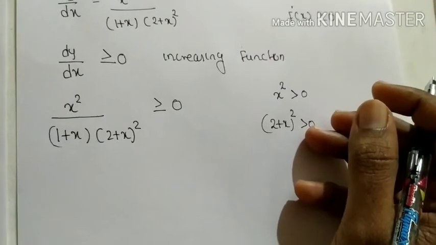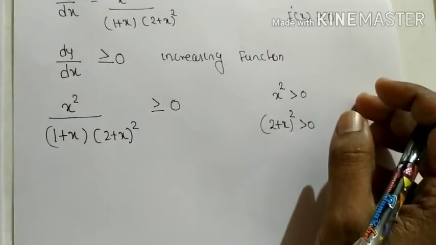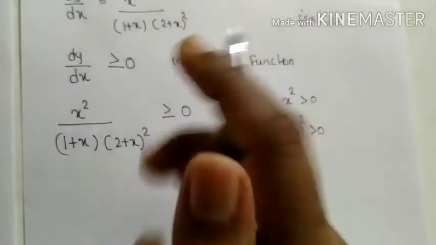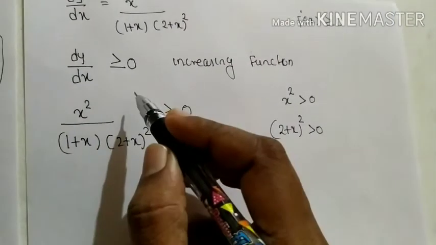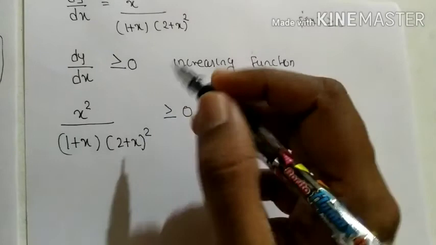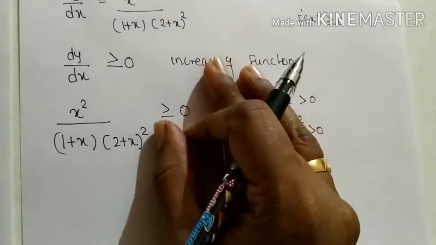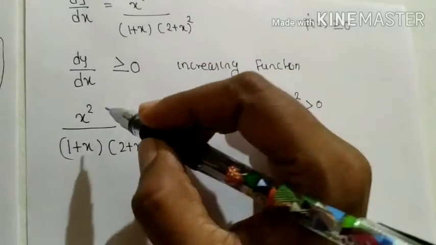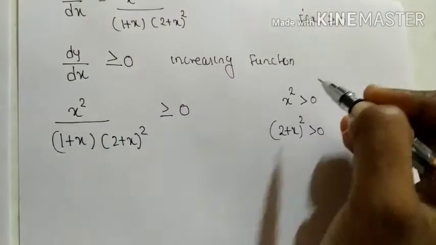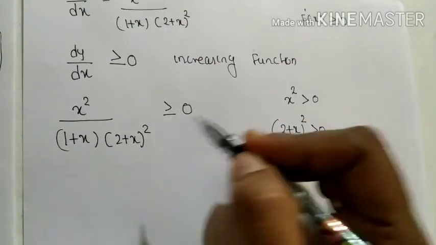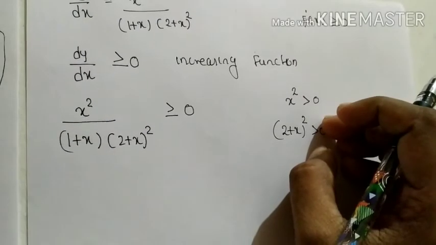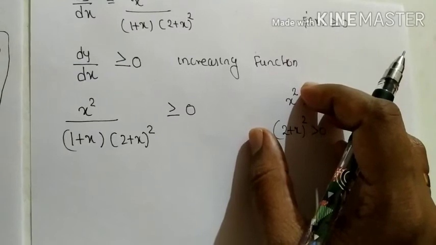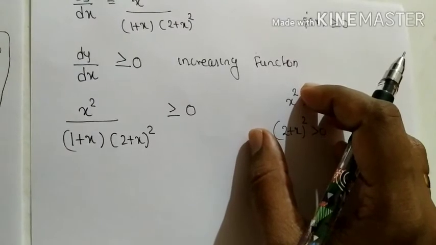That means it should not be negative. If we observe this derivative, x square is always non-negative. Similarly, (2 plus x) all square is always non-negative. Any square number should not be negative. It's always positive or equal to 0.